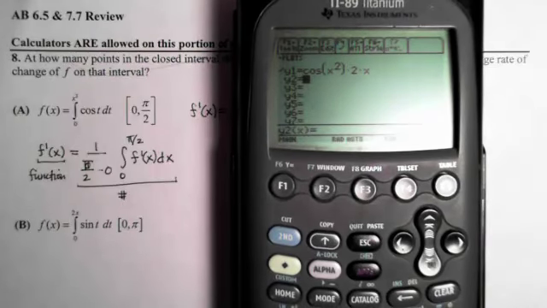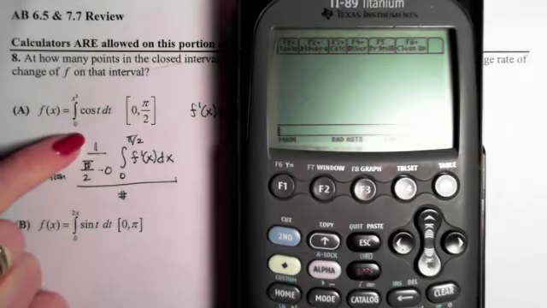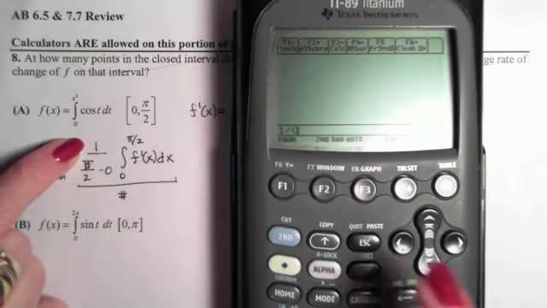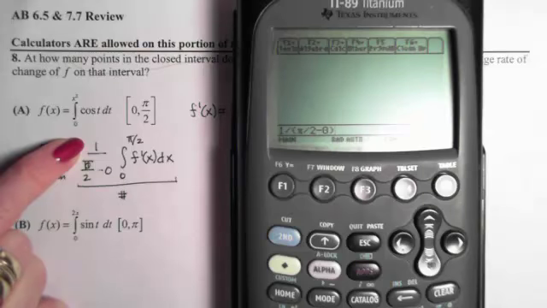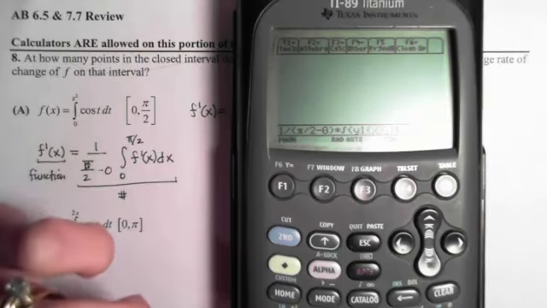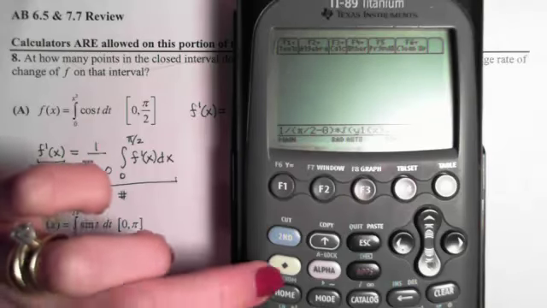So now I need the average rate of change, which is going to be a number. So I'm going to go back to my home screen, and I'm going to do 1 divided by parenthesis pi over 2 minus 0. There's my 1 over b minus a times the integral of, now I need the integral of that rate of change, and I just stored the rate of change in y1, so I can do y1 of x with respect to x, and I need it from a, which is 0, to b, which is pi over 2.